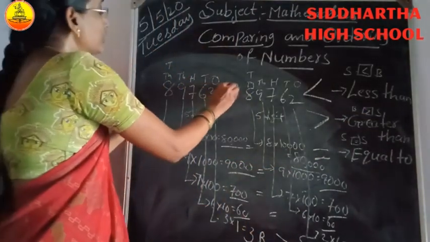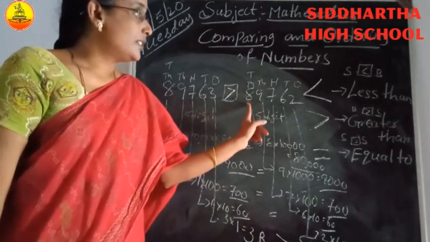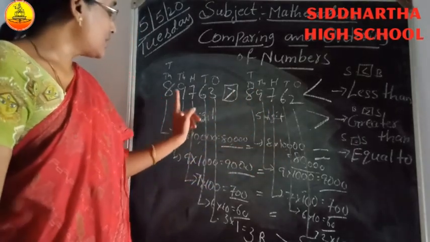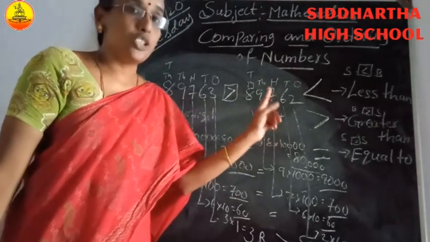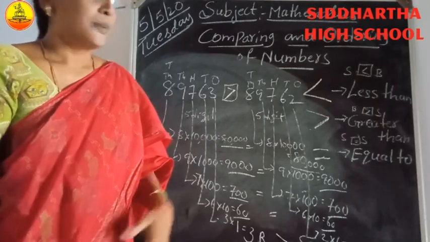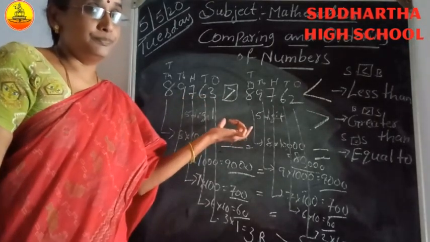So here also 89,763 is greater than 89,762. Okay children, did you understand how to compare the numbers with the same number of digits but a different digit?